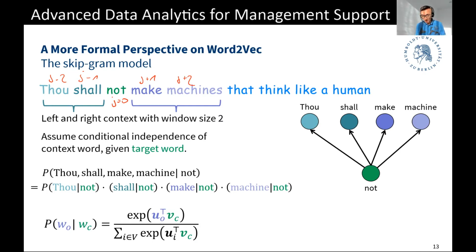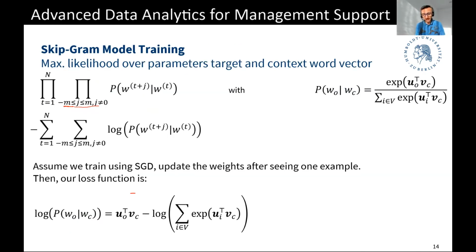And we multiply over the individual probabilities of the context words occurring. And then we do that over the entire data set.